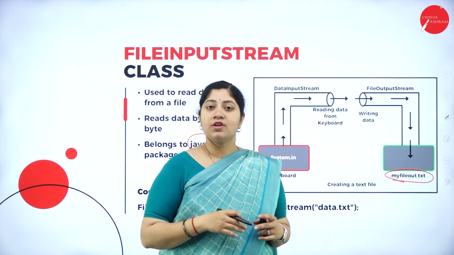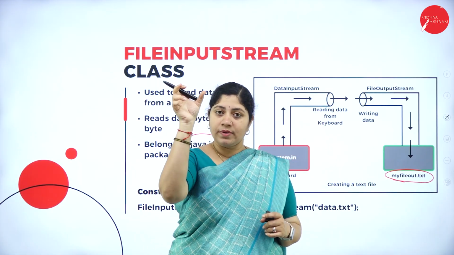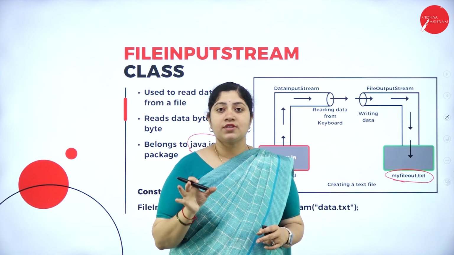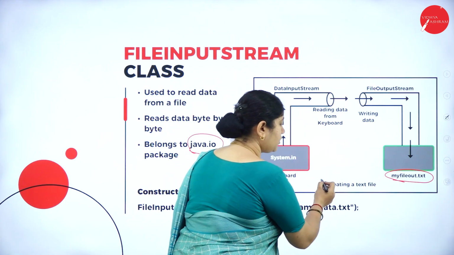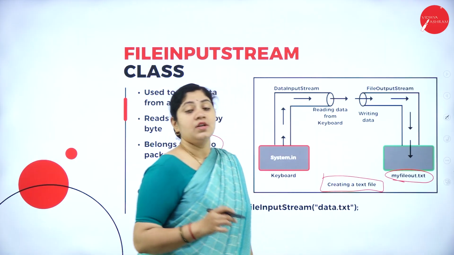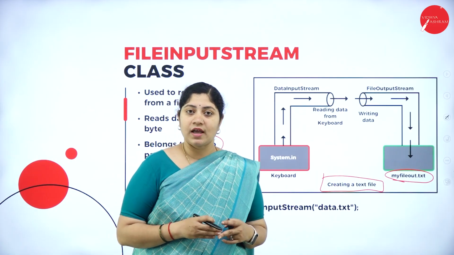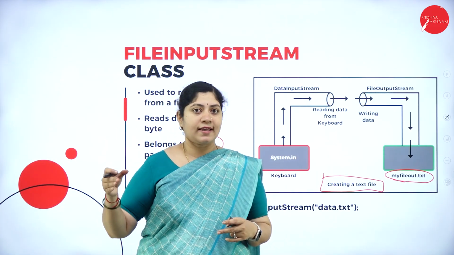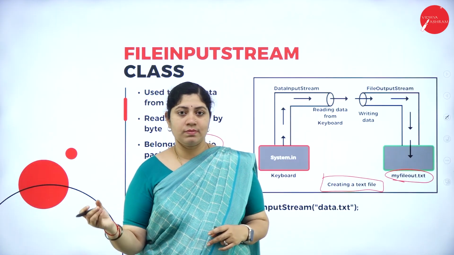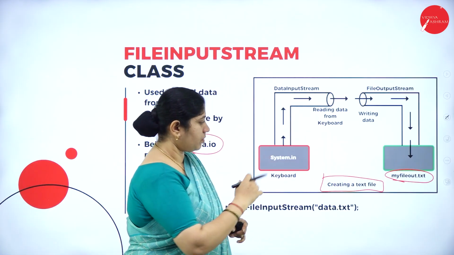Whatever data you input will be stored in a text file. So we are creating a text file by utilizing a stream class, none other than the FileInputStream class. So this is a complete representation.